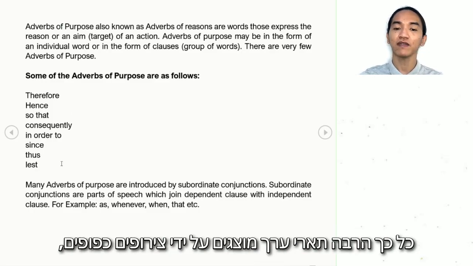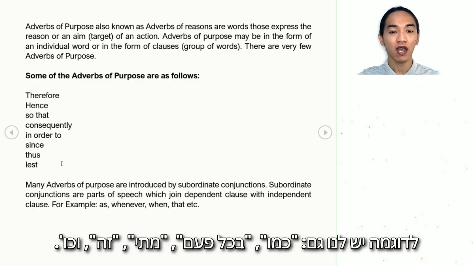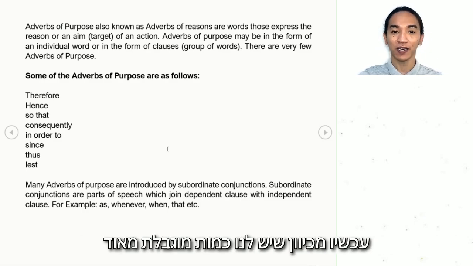So many adverbs of purpose are introduced by subordinate conjunctions, which are part of speech which join a dependent clause with an independent clause. Okay? For example, we also have as, whenever, when, that, and so on.